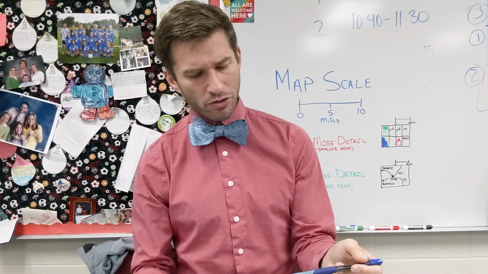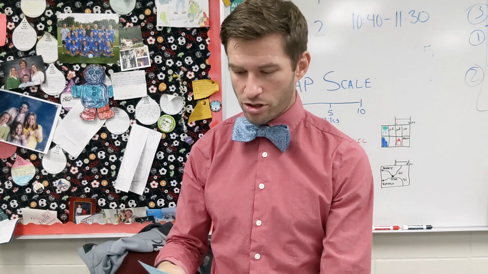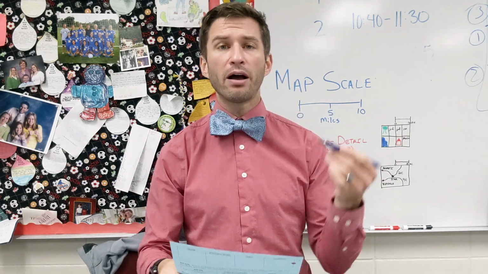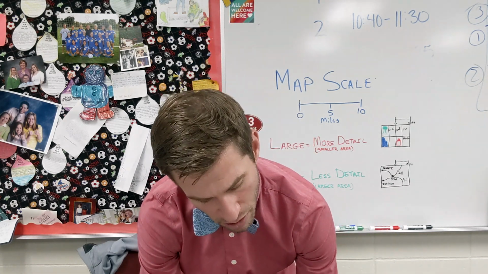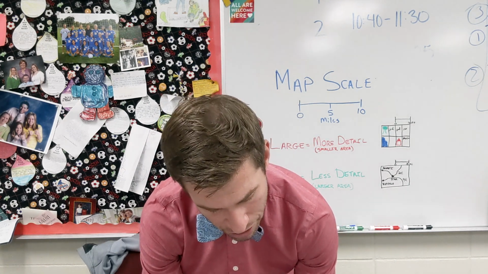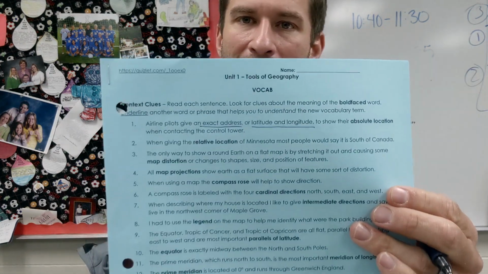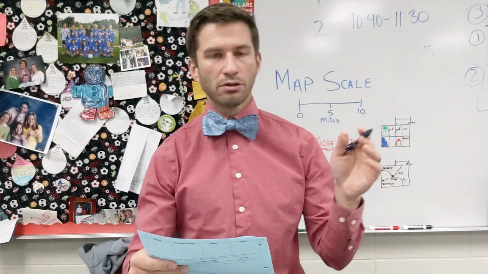For example, in the first one, it says, airline pilots give an exact address or latitude and longitude to show their absolute location while contacting the control tower. So there is your sentence. And then if we were to underline the context clues, we might underline exact address or latitude and longitude, because exact address and latitude and longitude are context clues that help you understand, in this case, the key phrase absolute location.